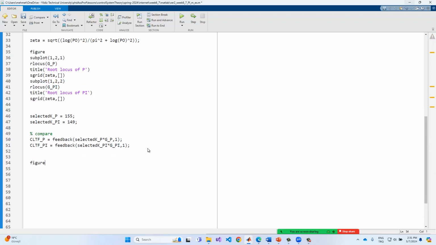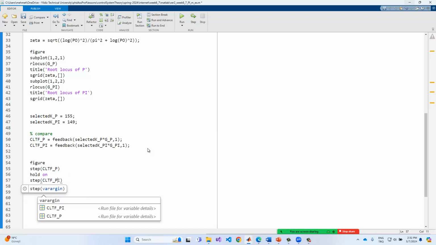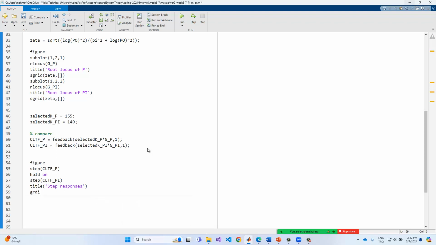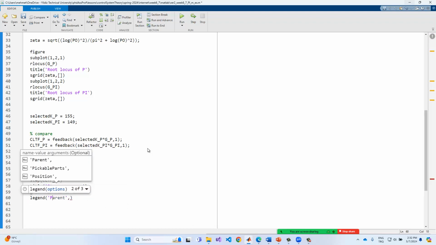And so figure, step response CLTF P, hold on, and step response CLTF PI, and title the step response, and grid on must be opened in here, and so the legend of the P and PI. Okay, and so if I run this code, what is the difference between the closed loop responses?